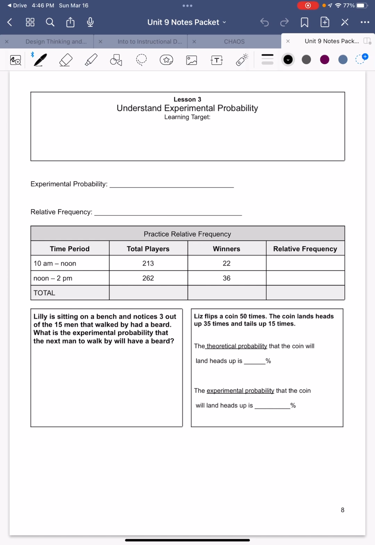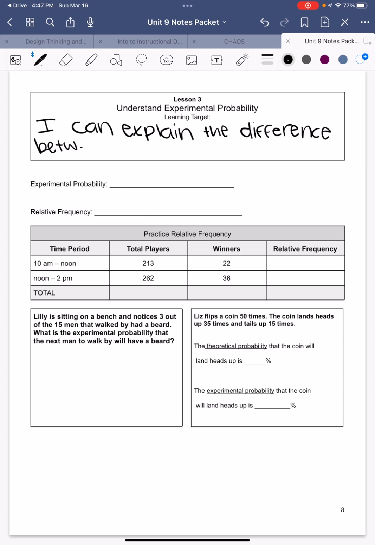So first thing, your learning target is going to be, I can explain the difference between experimental and theoretical probability.